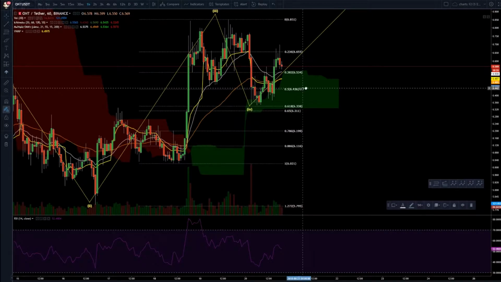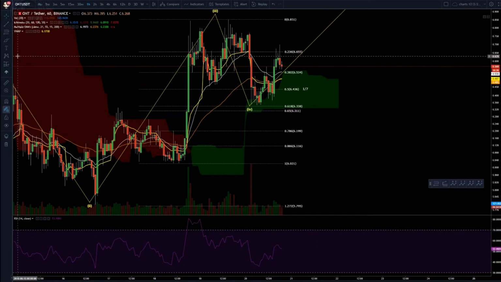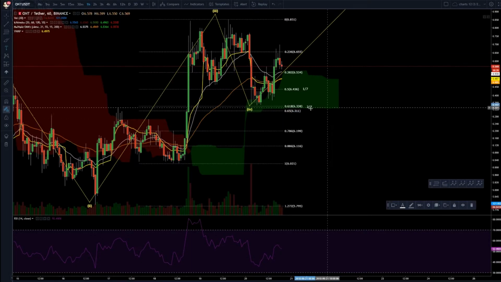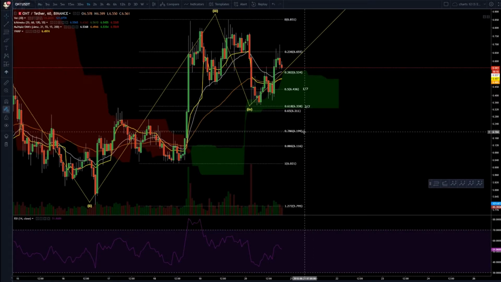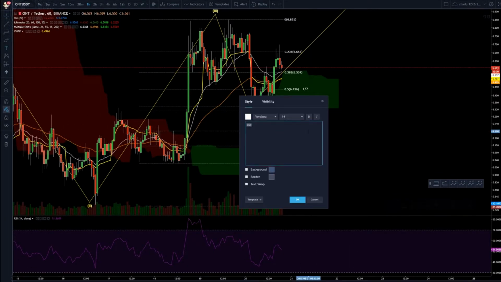Then you buy double of that, so 2/7 over here at the 618. And potentially it could go even lower to the 786. I'm not a big fan of that, but it could. You buy once again, 4/7 over here.